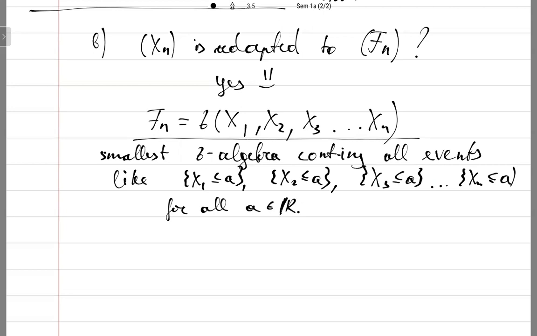So we have enough information to calculate the value of Xn in Fn.